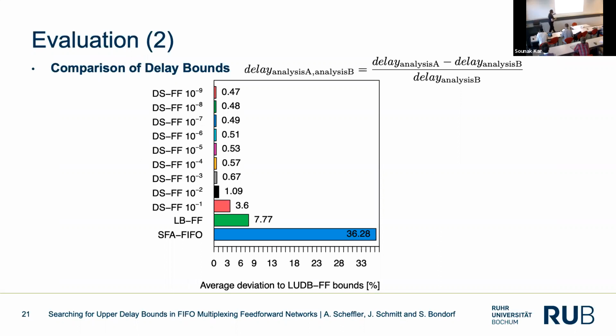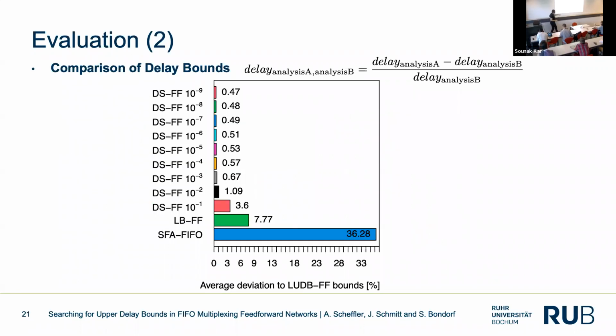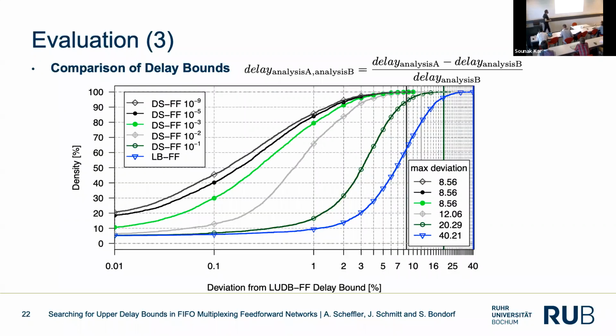Empirically here, we'd say these are good candidates for setting an epsilon, but of course there is more than just, I forgot to say, the average deviation. We also have the CDF, to see how it looks like.